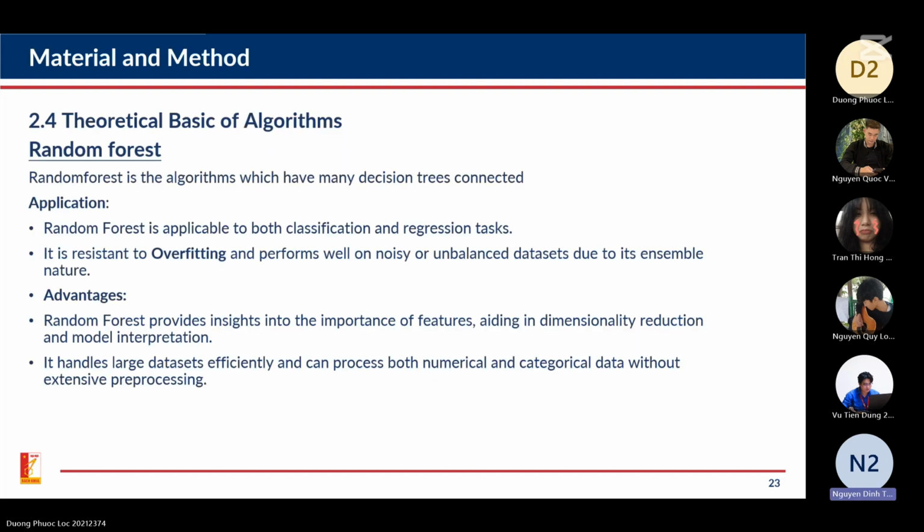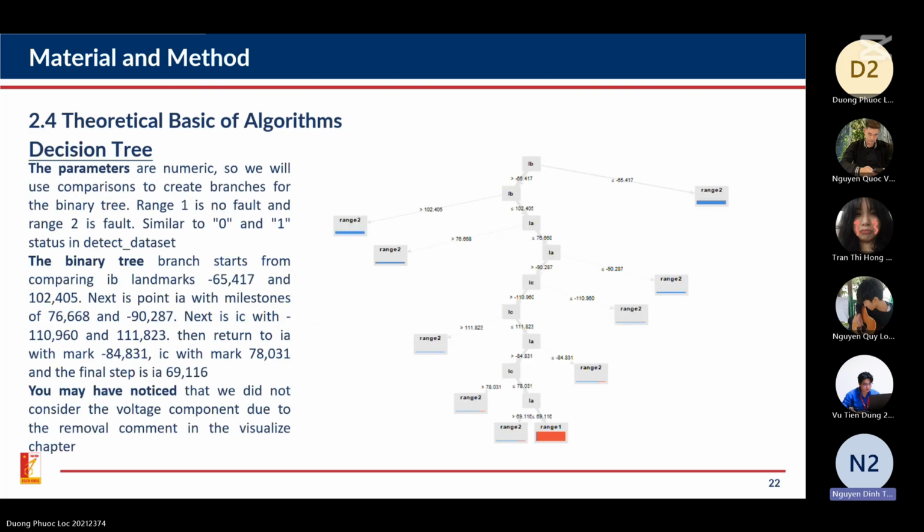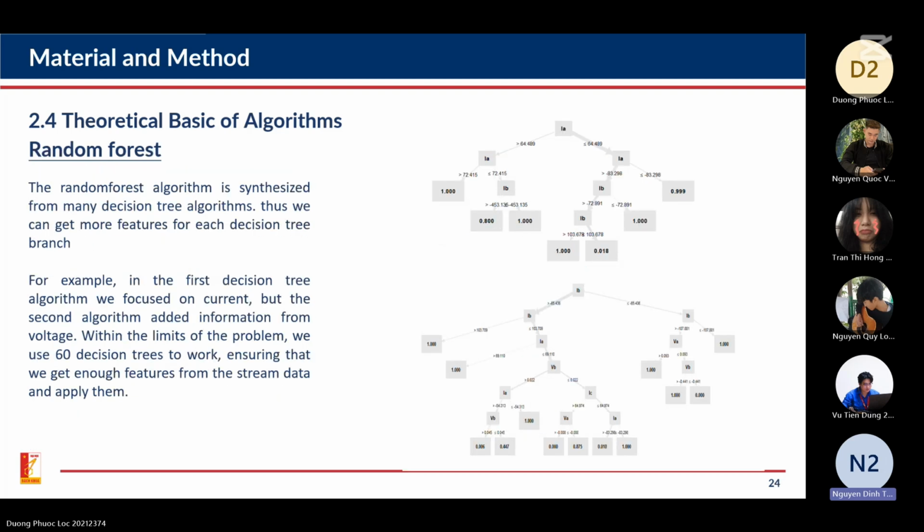In slide 22, as you can see, I only take data from the currents of phase A, phase B, and phase C as the comparison features. And in slide 24, in random forest, we can take all the current and voltage features.